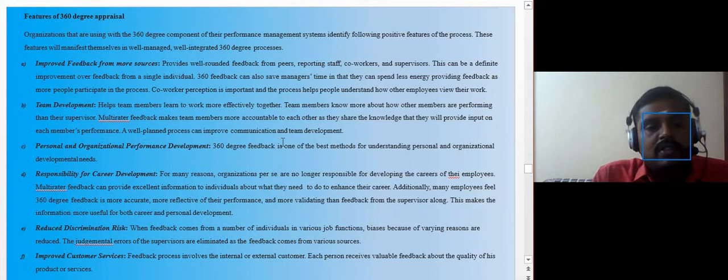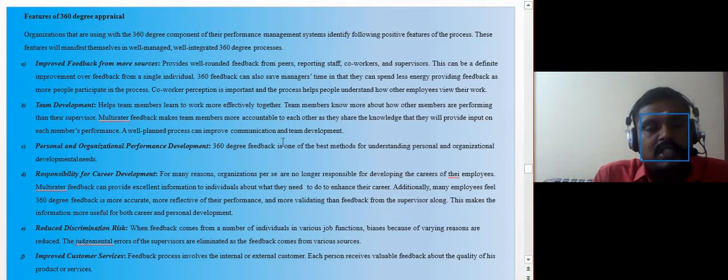A well-planned process can improve communication and team development, and personal and organizational performance development. 360-degree feedback is one of the best methods for understanding personal and organizational developmental needs.